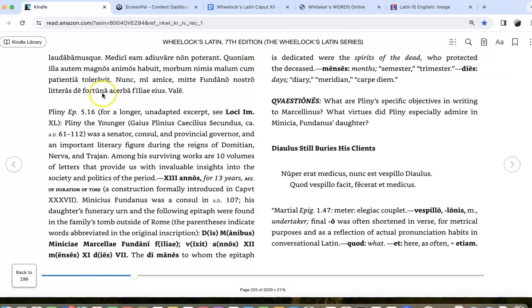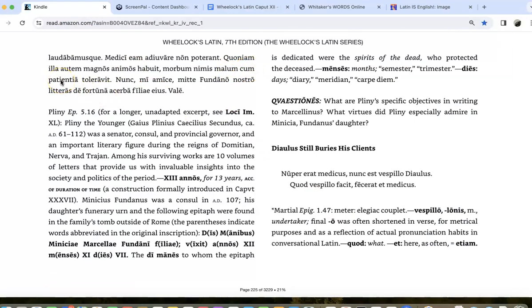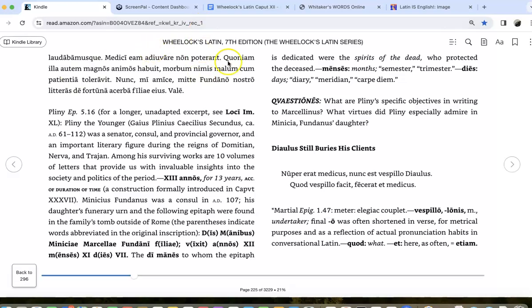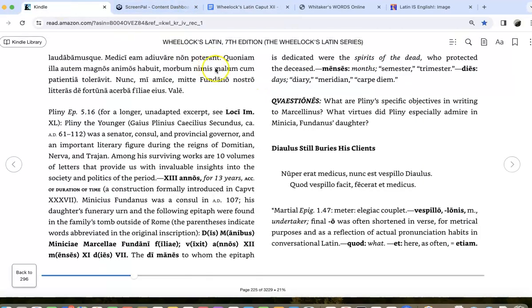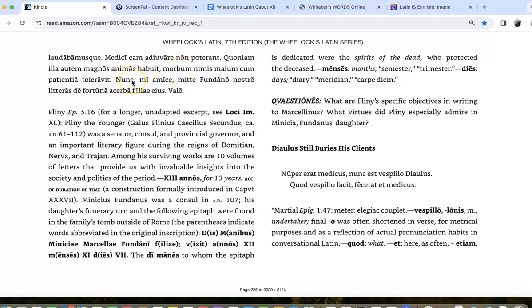So with, I guess it's just with patience. So malum, let me change that a little bit here. So with patience. And then for malum, her bad illness, I guess is what they have here, malum morbum, because they both end in um.